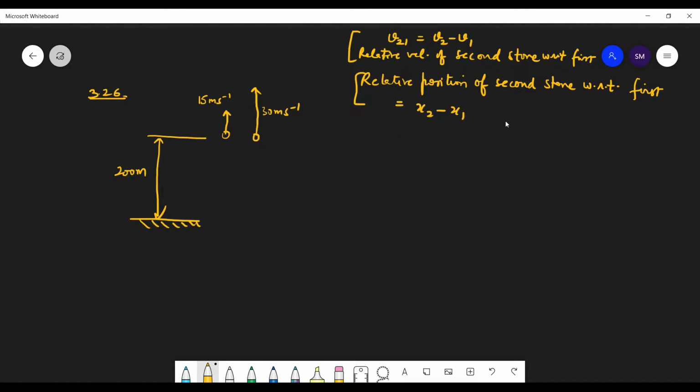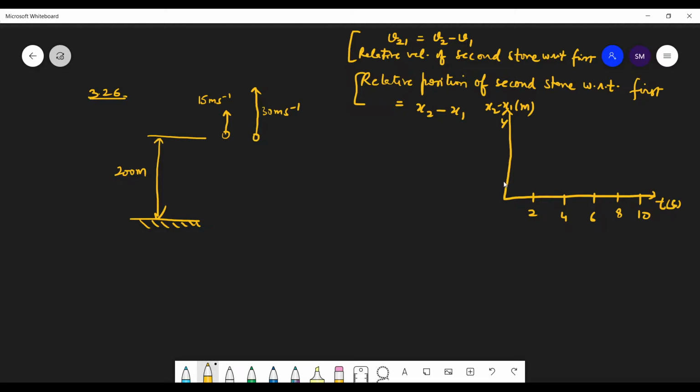So the graph that is given to you has time plotted on the x-axis, and x2 minus x1, which is in meters, plotted on the y-axis. Now this is time: 2 seconds, 4 seconds, 6 seconds, 8 seconds, and 10 seconds.